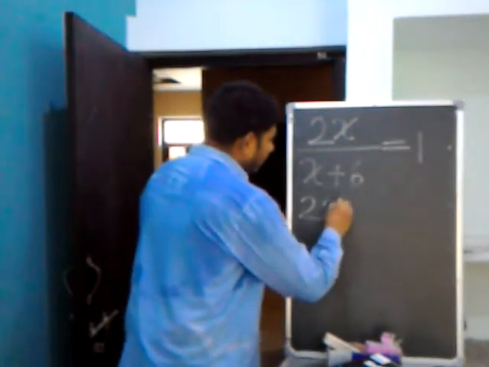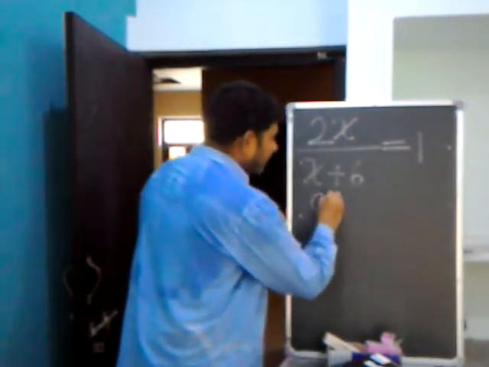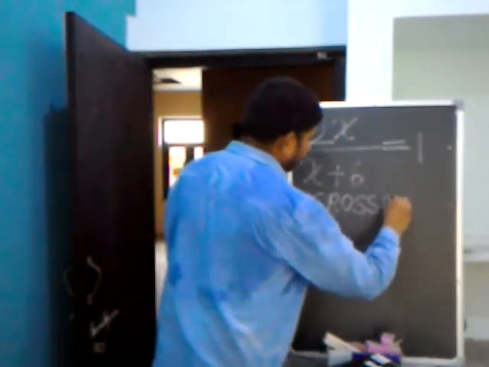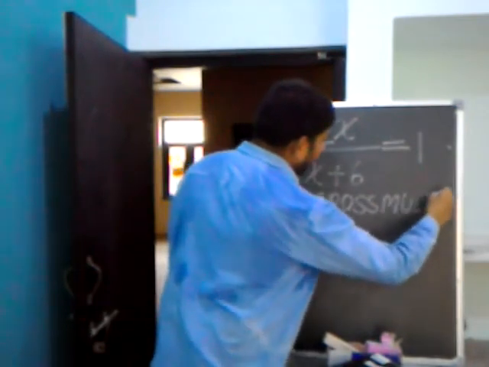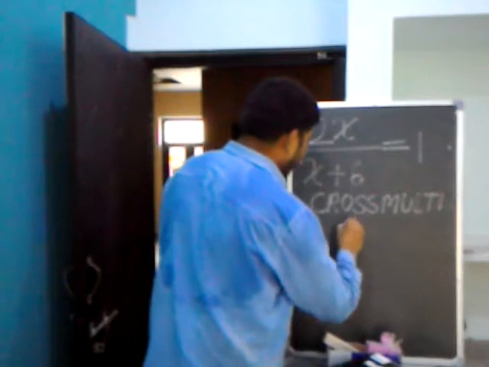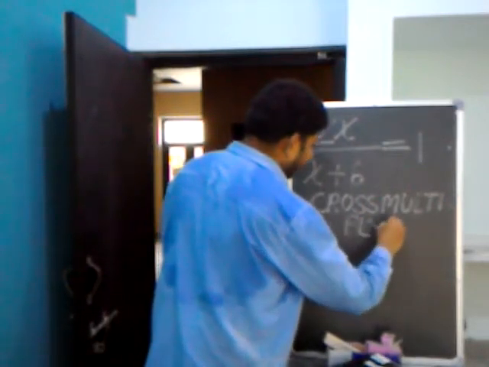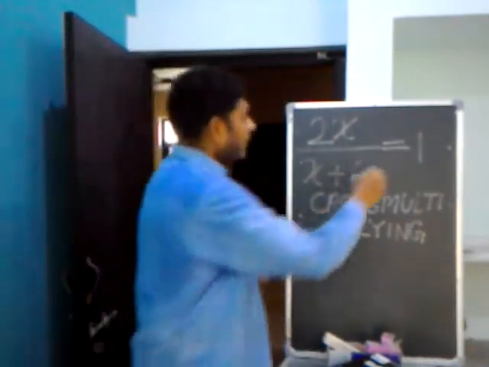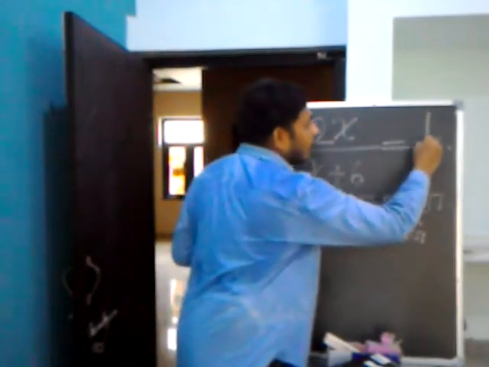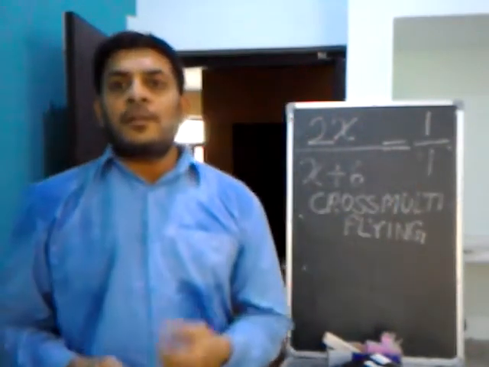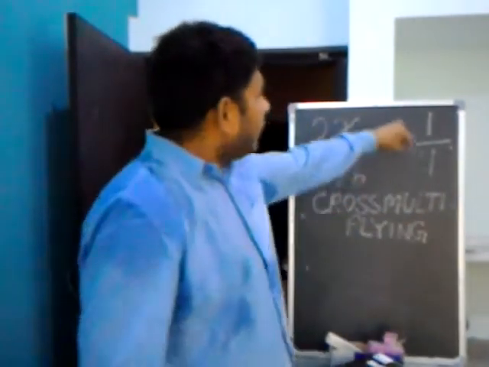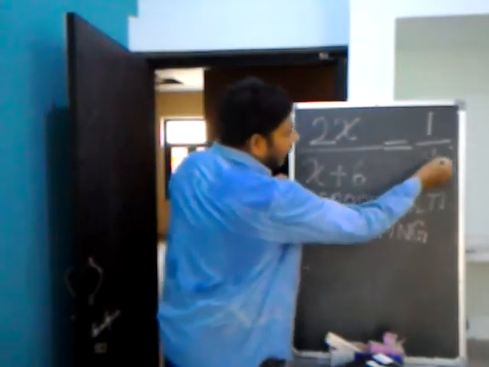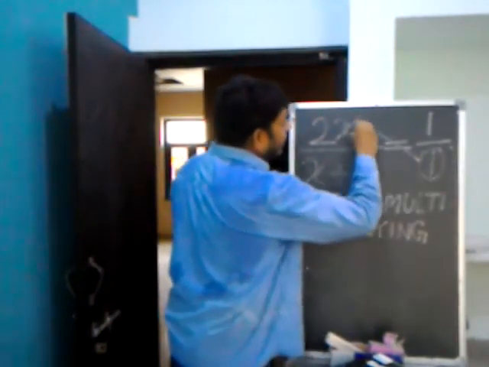So I will have to write cross multiplying. And why is it called cross multiplying? Because we know that if there is nothing in the denominator, it is considered to be 1, so 1 can be written in the form of 1 by 1. Now because here 1 is the denominator, it will be multiplied to this.